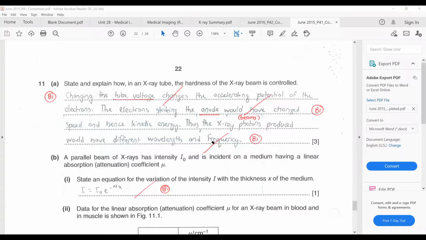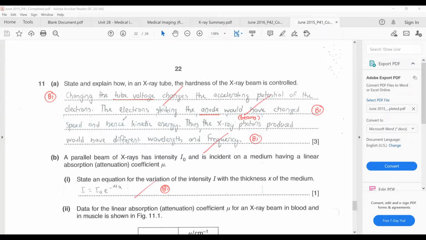You have to explain it in this way. Changing the tube voltage changes the acceleration potential of the electrons. The electrons striking the anode would have changed speed and hence kinetic energy. Thus the X-rays produced will have different wavelengths and frequency, and therefore different energy.